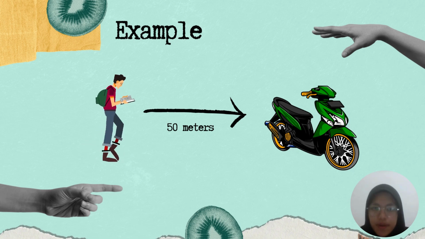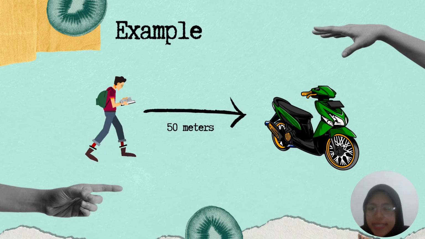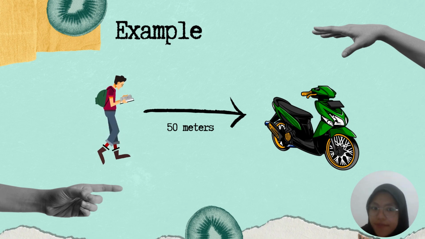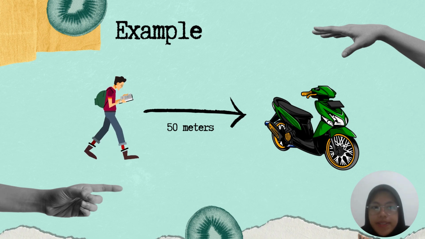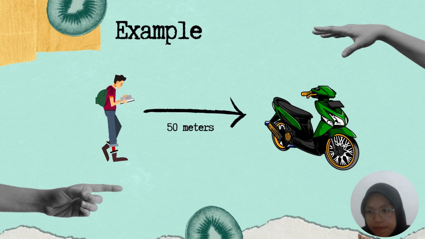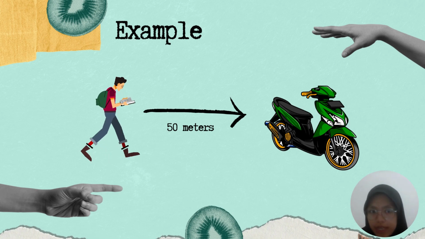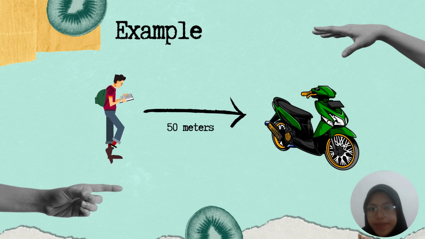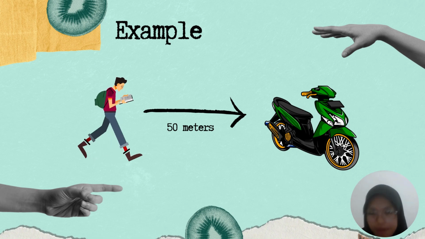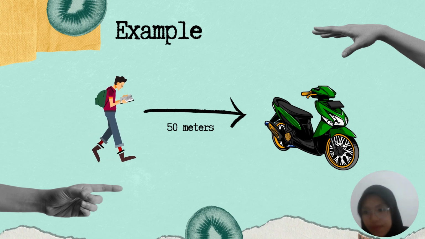From this scenario, when we combine the distance, which is magnitude, and the direction, we get a vector quantity. In this case, the vector representing the person's motion is 50 meters north. We can represent this vector visually using an arrow. The length of the arrow represents the magnitude and the direction of the arrow represents the direction of motion.